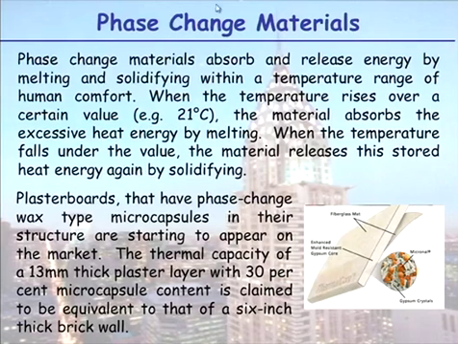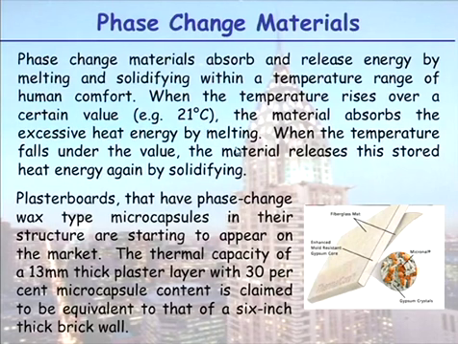A more high-tech way of trying to be sustainable is looking at phase change materials. Phase change materials absorb and release energy by melting and solidifying within a temperature range of human comfort. So within a couple of degrees, they heat up and they cool down. When the temperature rises over a certain value, say 21 degrees, the material will absorb the excess heat energy by melting.